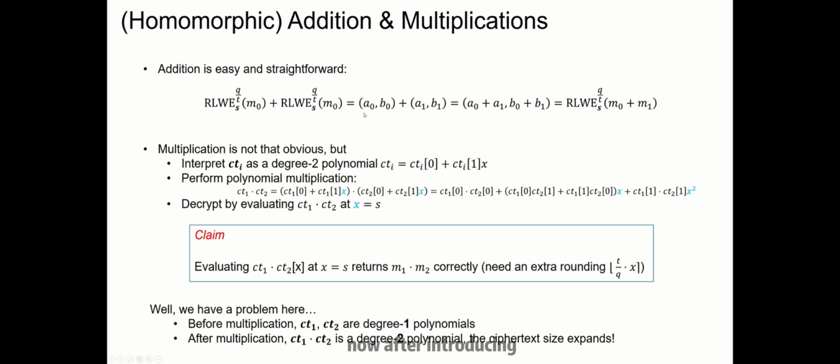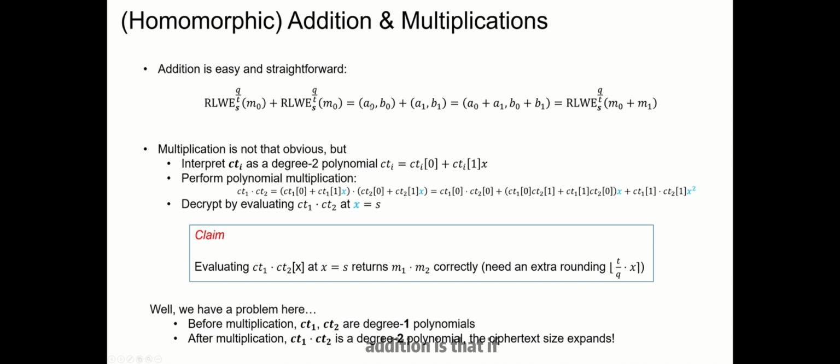Now, after introducing the ring LWE encryption, we can discuss the homomorphic addition and multiplication. The addition is very easy. It's just a straightforward vector addition.